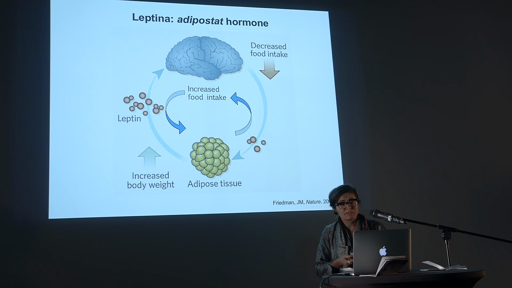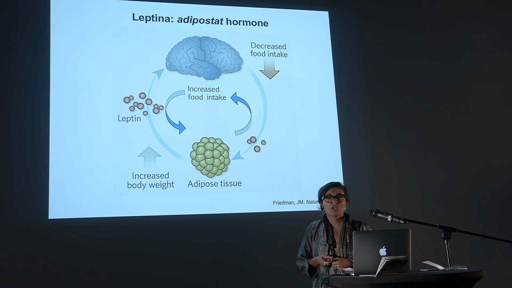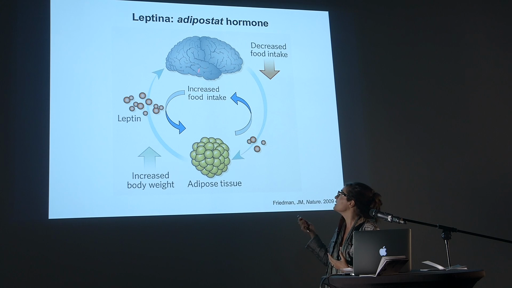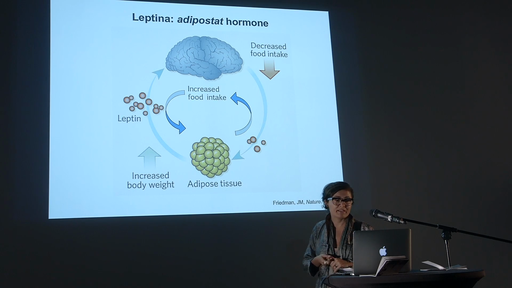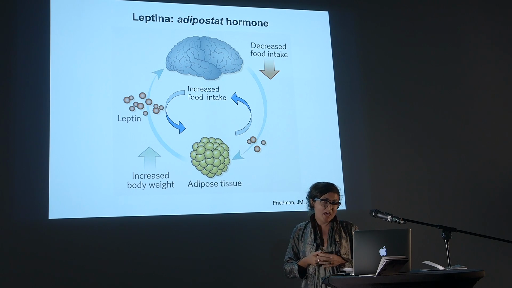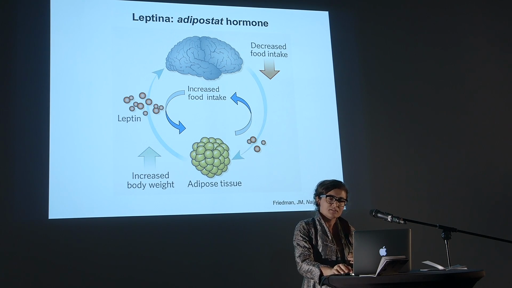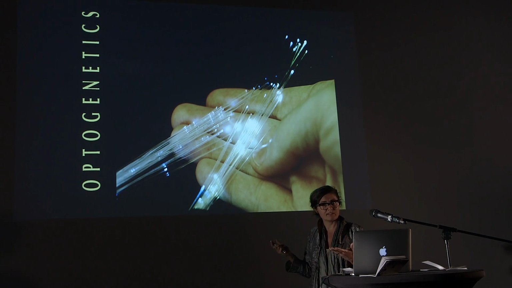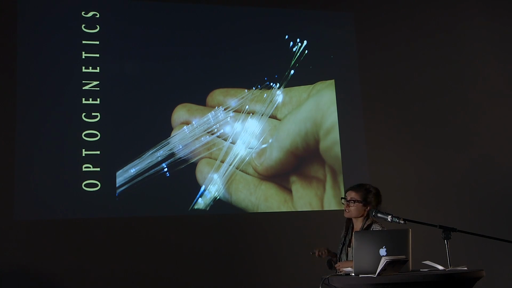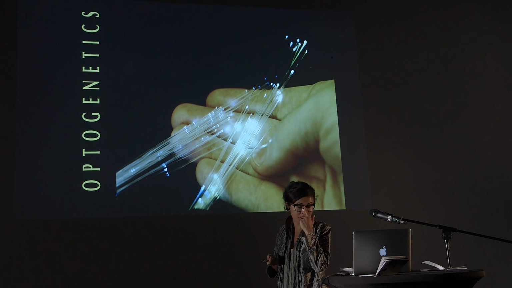Ever since then, we've been trying to map out the neuronal circuitry in the brain, but also outside the brain, that mediates this negative feedback loop. And we have been doing this thanks to light. So this makes the connection with the previous talk by James.